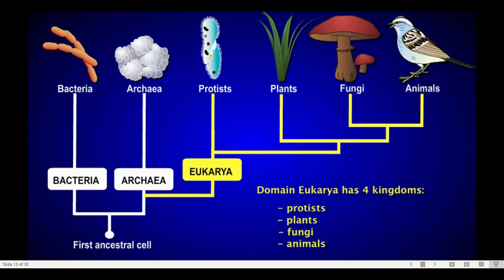Dito naman sa Eukarya, we have 4 kingdoms. First, kingdom protists or protista. Next, kingdom plantae. Next, kingdom fungi. And kingdom animalia or animals. Marami siyang kingdoms.